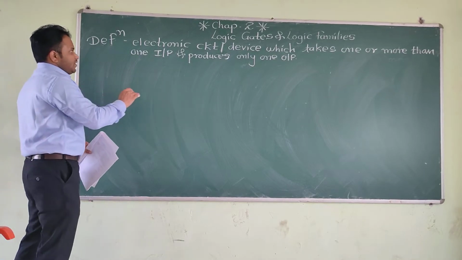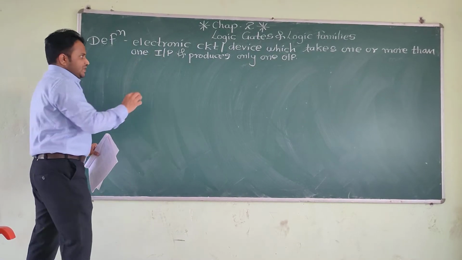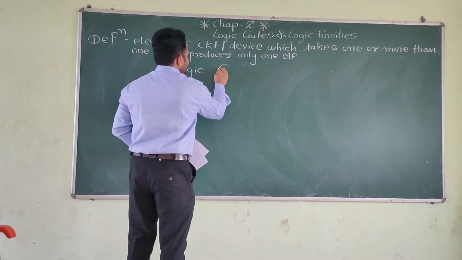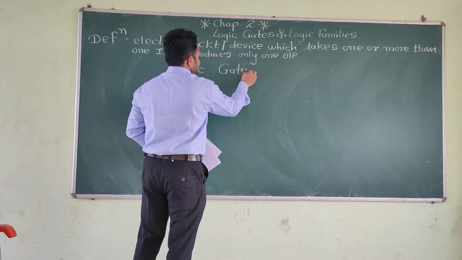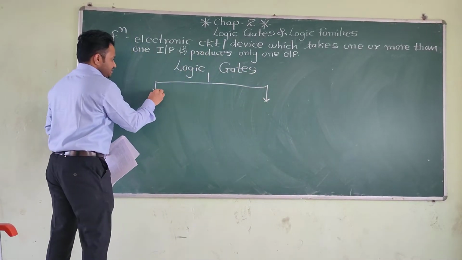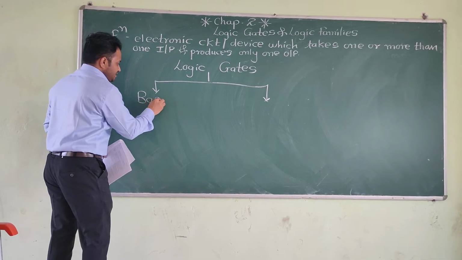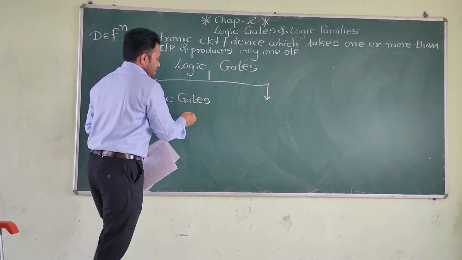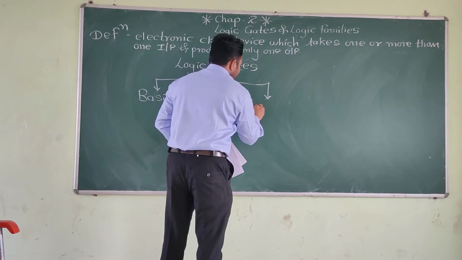Now let's see what the various logic gates are. So logic gates are divided into three main categories. In that, first, basic gates. The second one is universal gates.